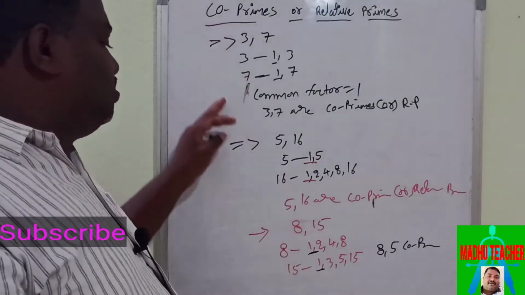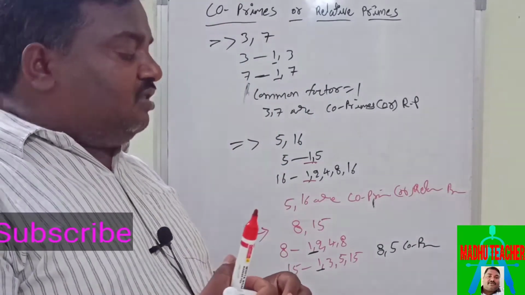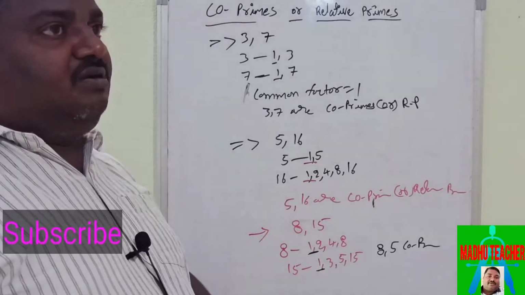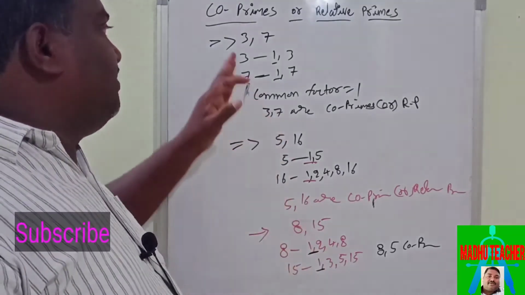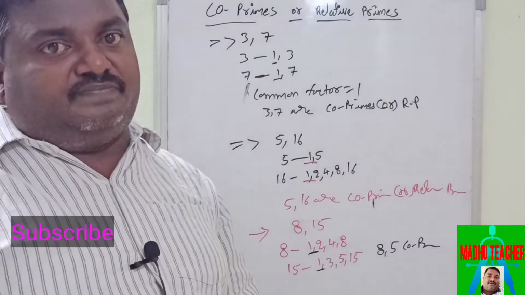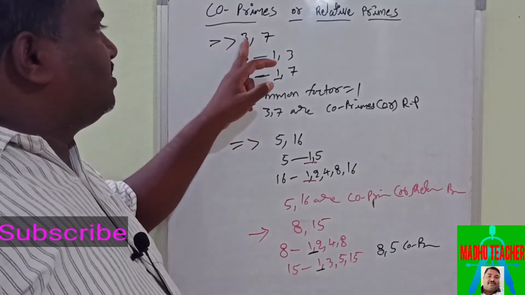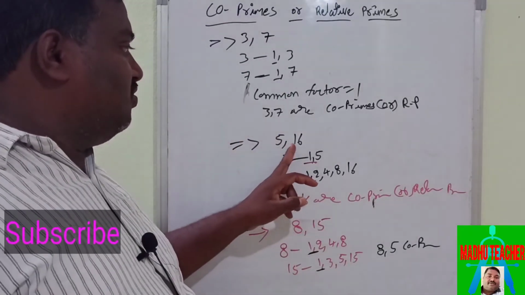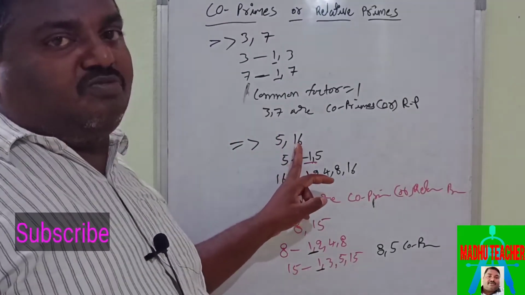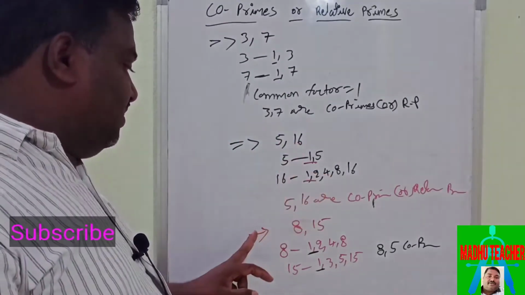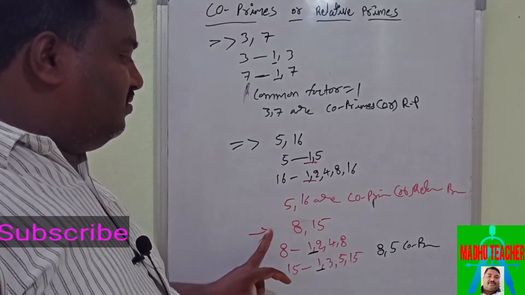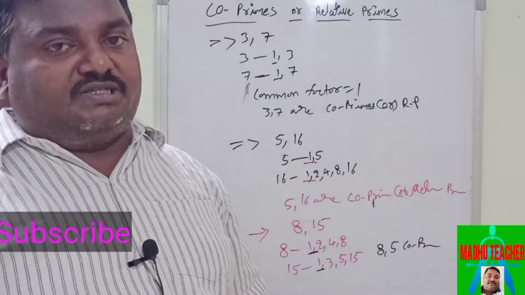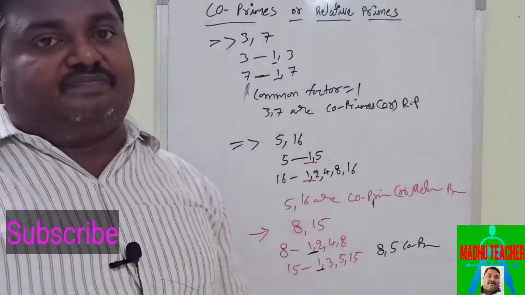So by observing these, co-primes or relative primes may or may not be prime numbers. In the first case, both are prime numbers. In the second case, one is prime, one is a composite number. In the third one, both are composite numbers, but they are co-primes.